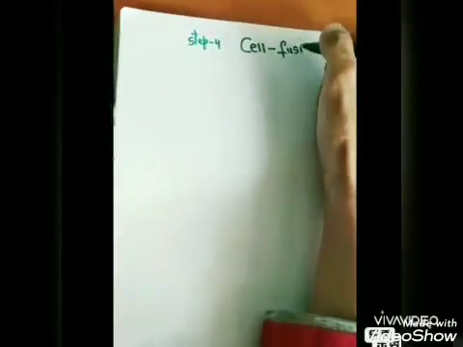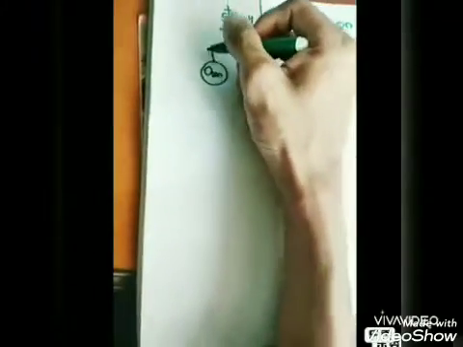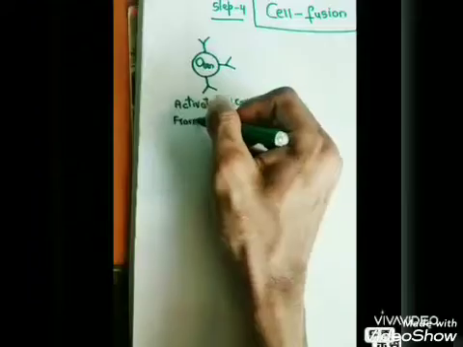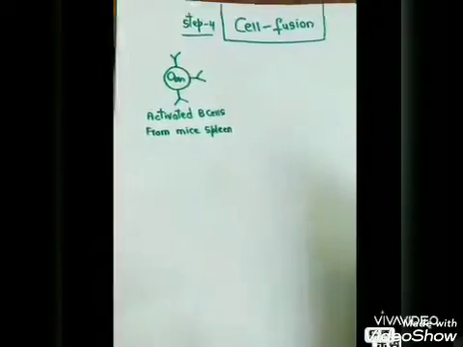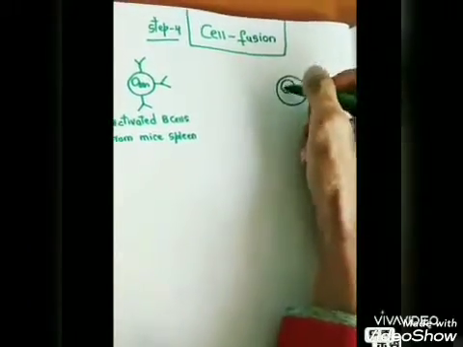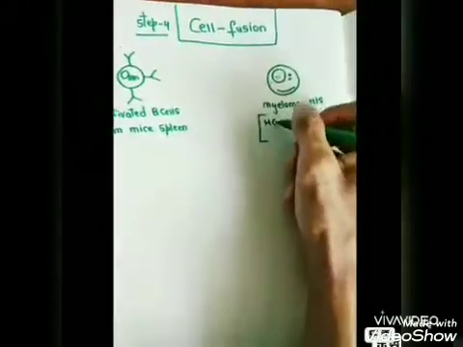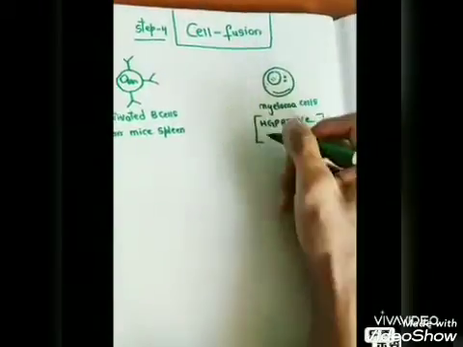After the third step, you have the activated B cells from the spleen of the mice, and you have the myeloma cells, which are HGPRT negative and immunoglobulin negative.